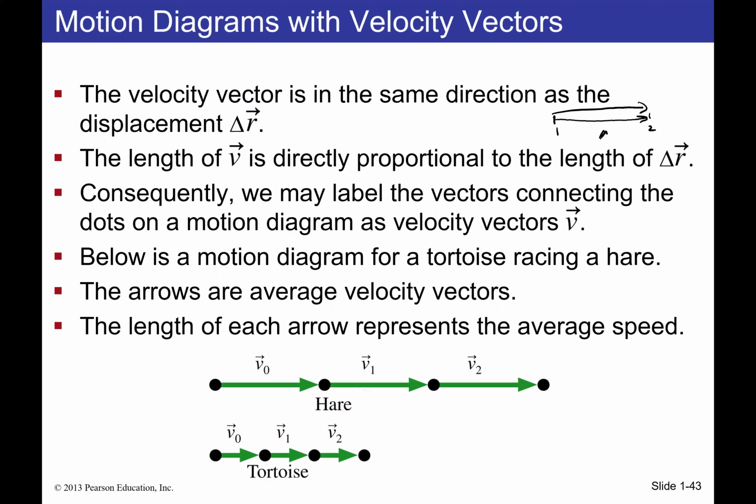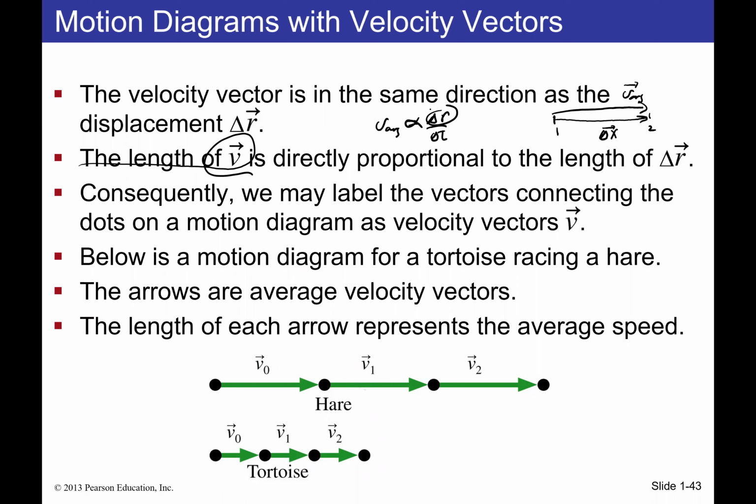So this will be my delta x as a vector, and this will be my velocity as a vector. Let's say average velocity. Okay, that means they're going to be in the same direction. So the length of v is directly proportional to the length of delta r. Why? Because v average equals delta r over delta t. You can see, directly proportional.